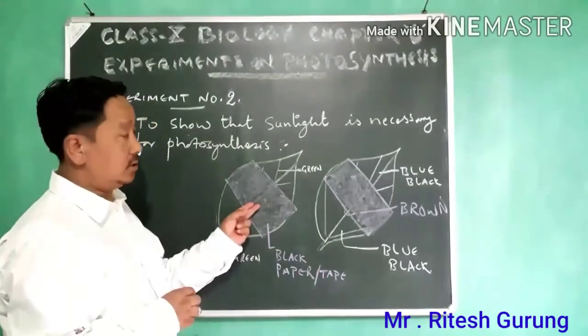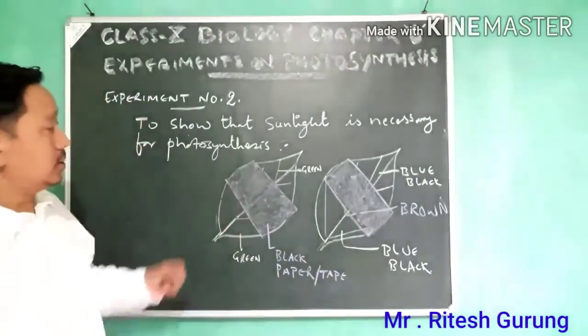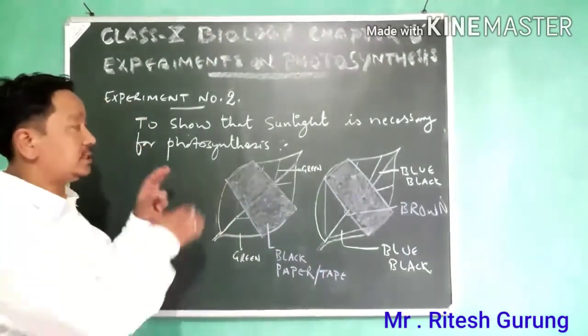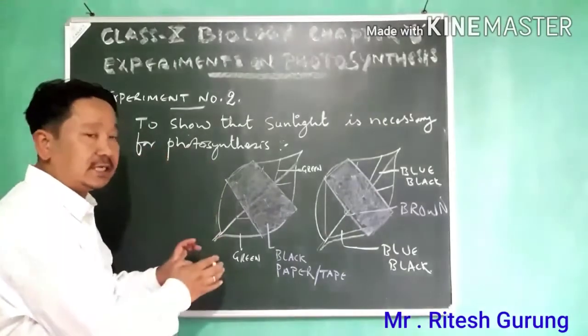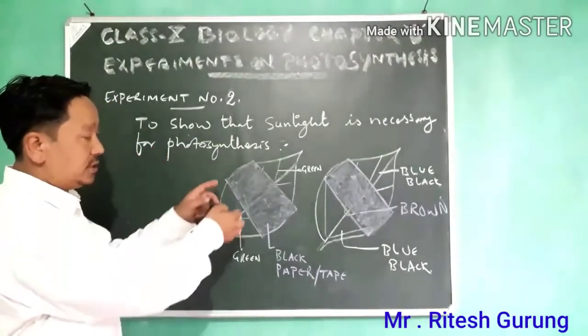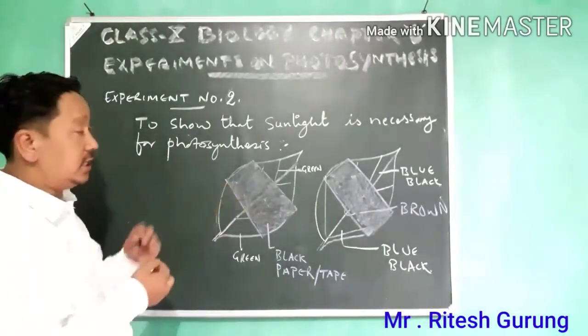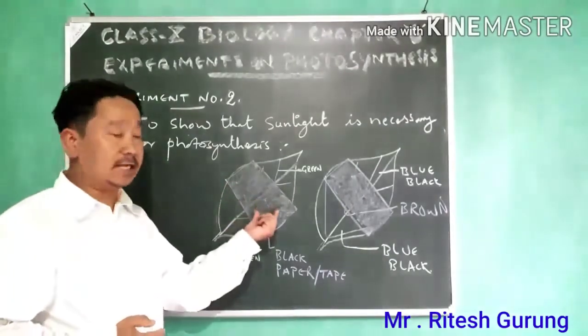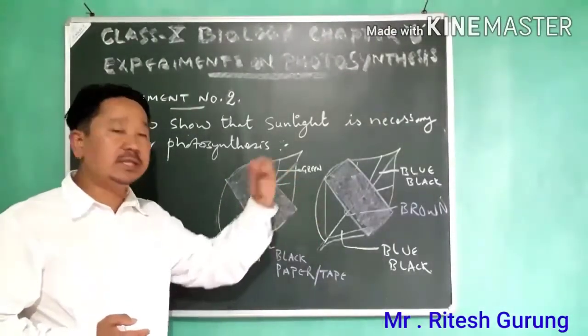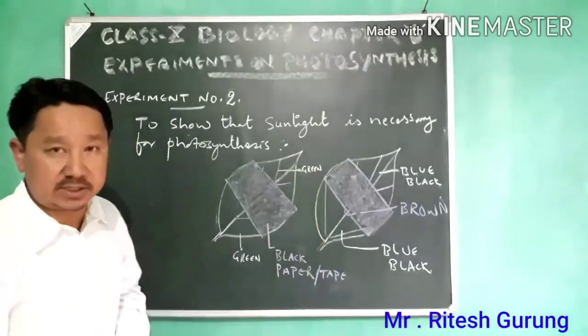Then leave this discharged plant, where one of the leaves has been covered like this, out in the sun for some hours.